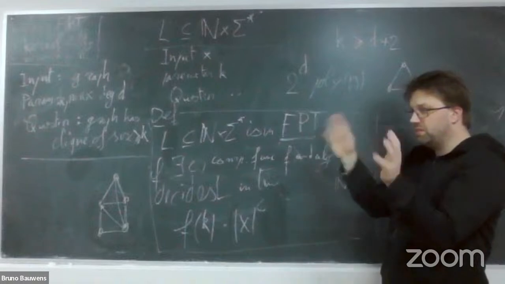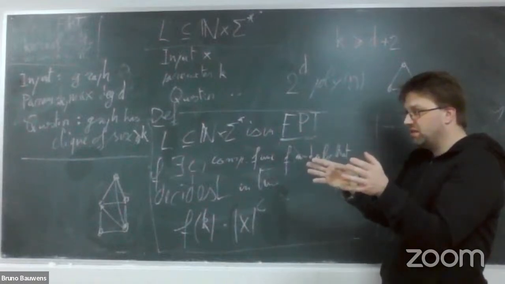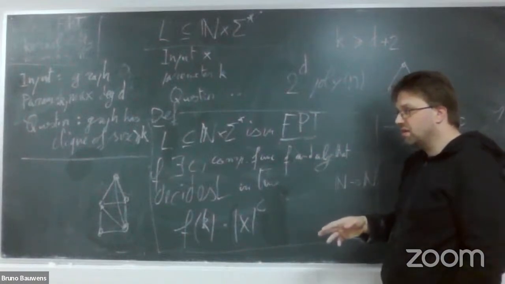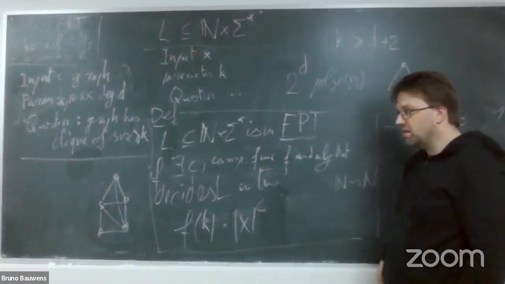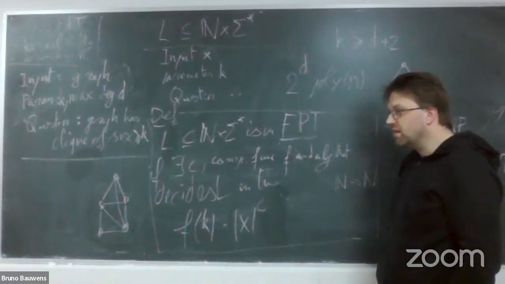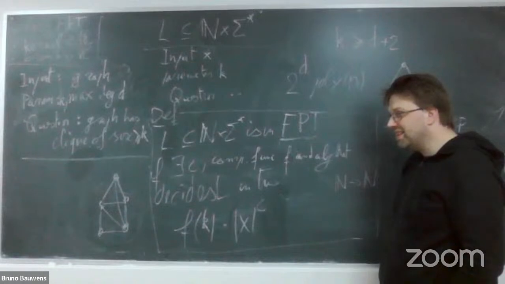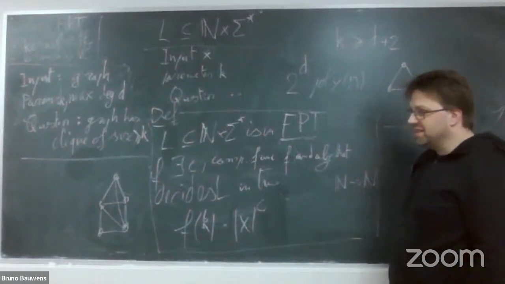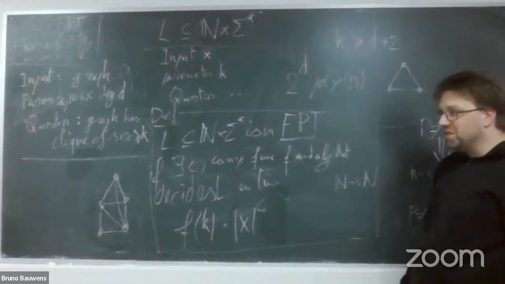So we check all subsets of neighbors. If they form a clique, the answer is yes. If they don't, for all of the n nodes, then the answer is no.